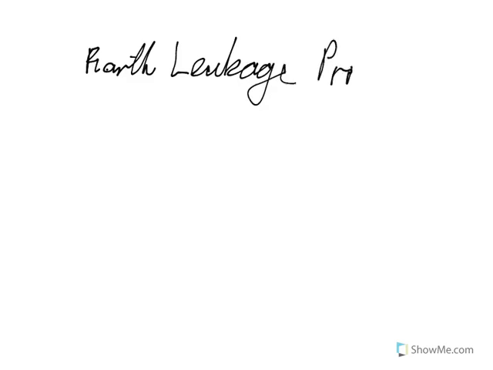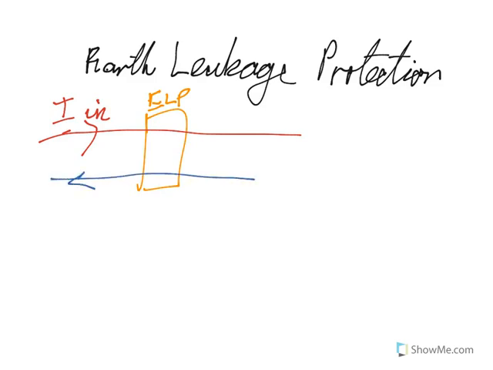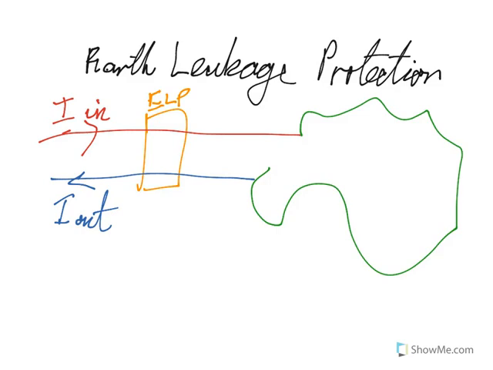All right. So the last bit, and I mentioned that before, was our earth leakage protection. Essentially, our earth leakage protection, which is here, this is our ELP or whatever they call them these days. We've got current coming in, we've got current coming out, and whatever's happening, it's happening here around the house.